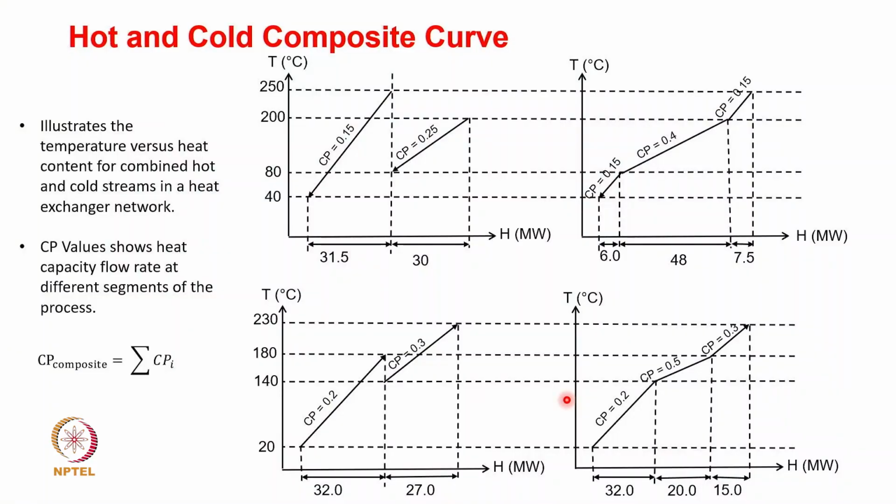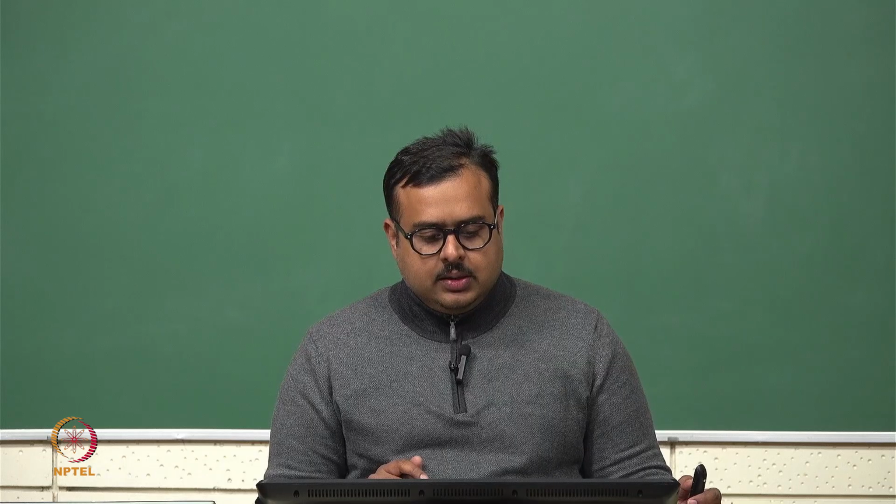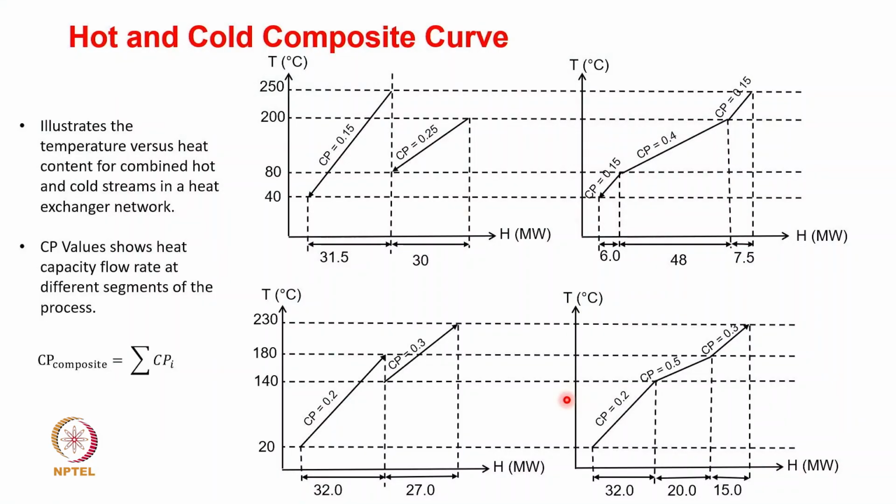So let's look at how we draw composite curves if there are multiple streams. We have done this for single, individual streams. So now let us look at how we can do it when we have multiple streams. So let's see the case.